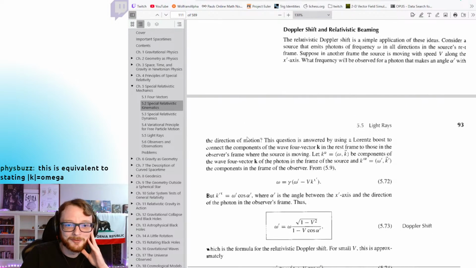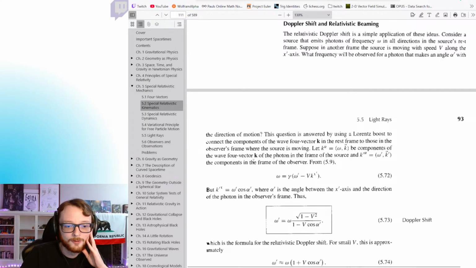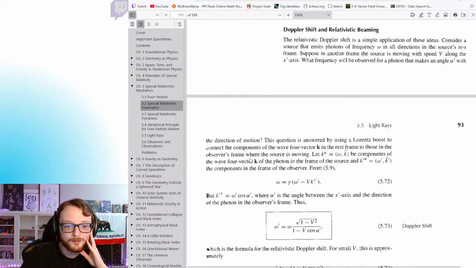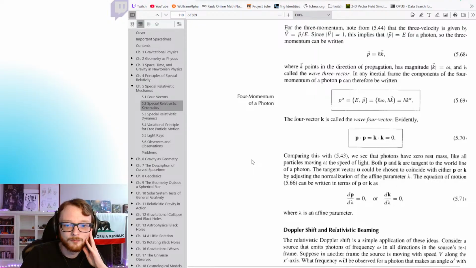Okay, then I'm going down to the Doppler shift part, where they seem to just pull these equations out of nowhere for converting frequency between inertial frames. But I can believe it.